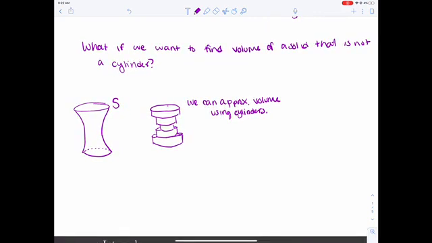So here we have cylinders where the area of the base of the cylinder will match the area of a cross section at a specific point.